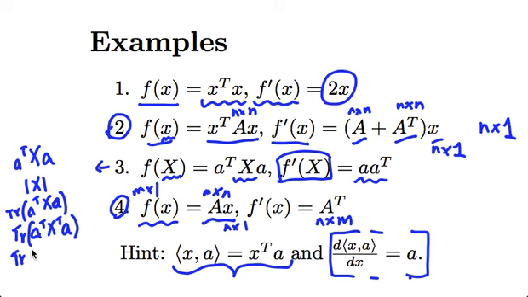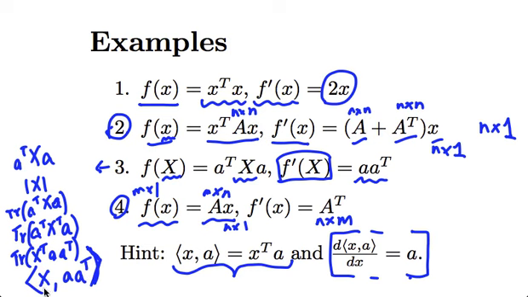I get the trace of x transpose x A transpose. And for those of you who remember, the inner product for matrices was basically defined in this fashion, and this can be written as the inner product between the matrix x and the matrix x A transpose. And this is the matrix dot product, which was defined as the dot product between A and B is the trace of A transpose B. And so this is basically the standard matrix inner product.